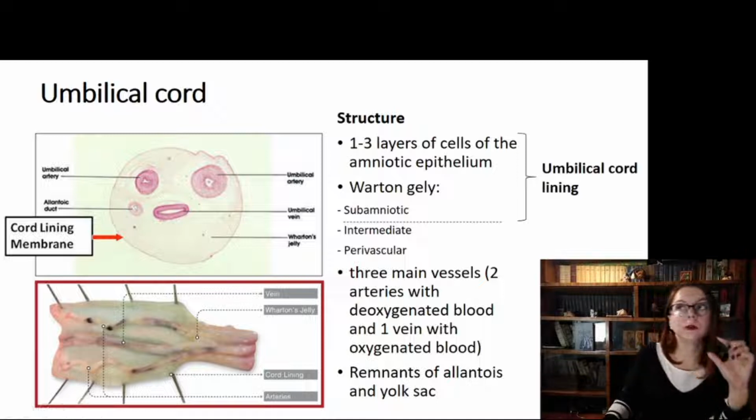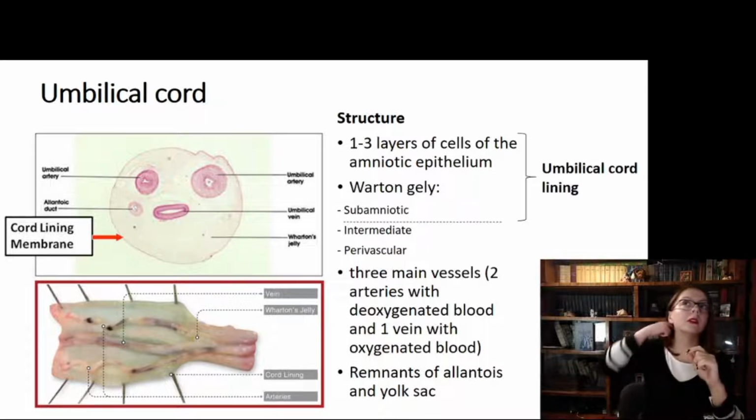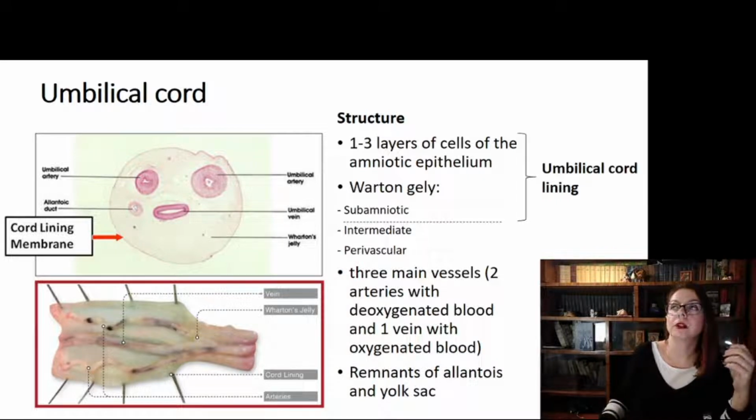Taken together, they form this umbilical cord lining. Why is it important? Because it is used in stem cell therapy. Lots of stem cells could be obtained out of there, so just remember.